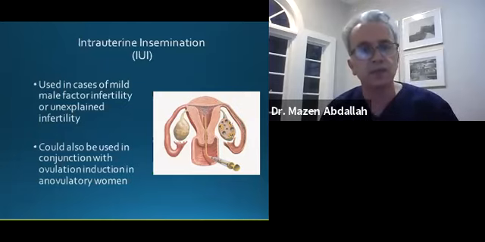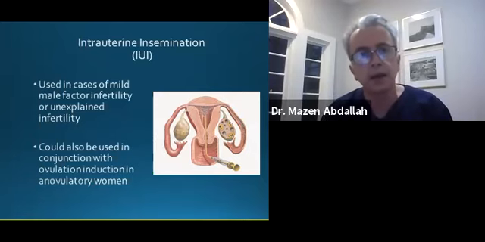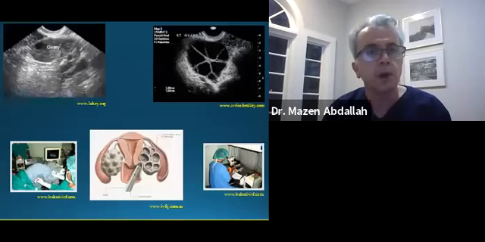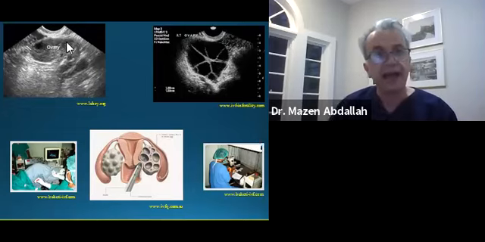Now, if the sperm numbers are too low, or there's a low motile sperm number, or if this has been done several times and it's not working, then we can look at other treatment options like in vitro fertilization, or IVF. When we do IVF, the goal is to stimulate the ovaries to produce several eggs at the same time.